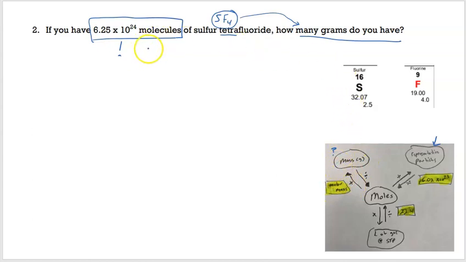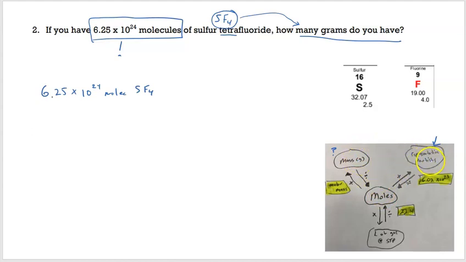So, known quantity, 6.25 times 10 to the 24th molecules of SF4. So, I need to figure out how many moles that is, because I need to get that mole value before I can get to the mass, which is in grams.